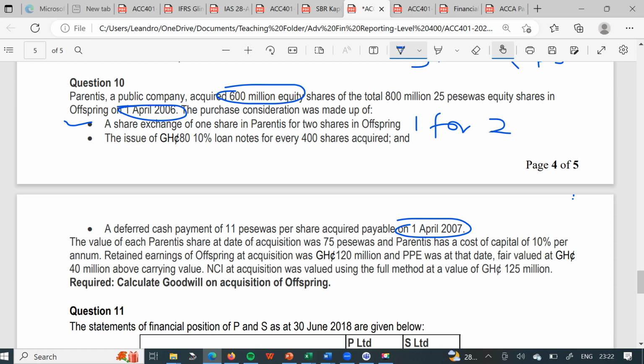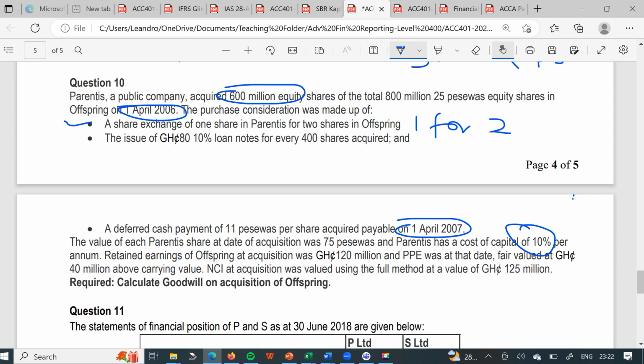So you will have to calculate the present value of the cash payment, which will be 600 million times 11 pesos, and then you discount it at 10%. The cost of capital is 10%. You discount that at 10% for 1 year, and that will be your deferred consideration.